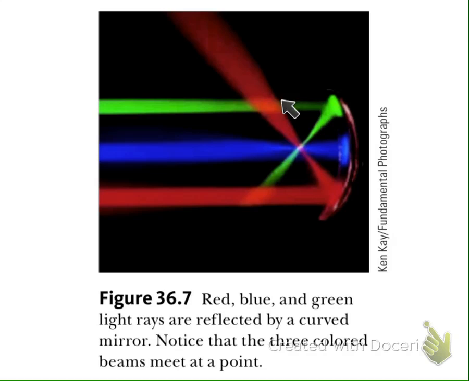And if these three parallel rays reflect back from a curved mirror, they will intersect. They will have the intersection point here, and we will call this the focal point. We will talk about this soon. Okay, so this is an example of the real image of the reflection from a curved mirror.